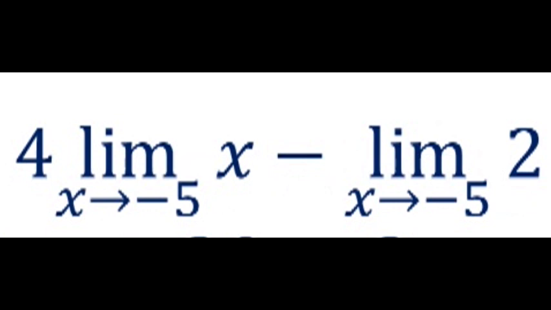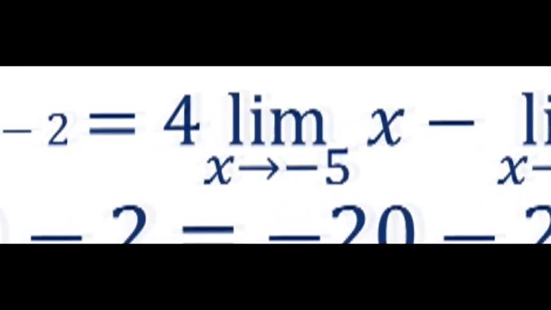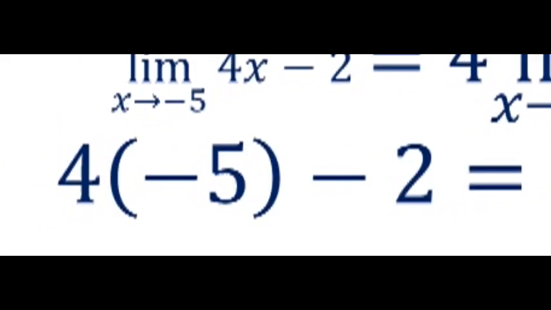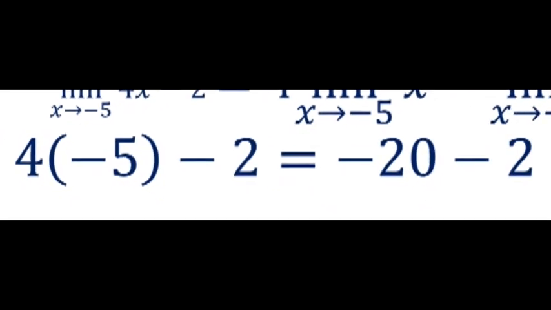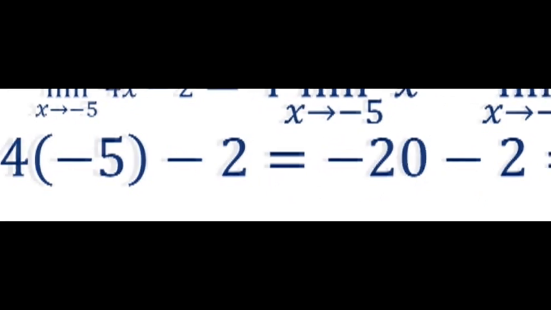So that's theorem number 3. Minus, the operation between them is minus, so the limit of 2 as x approaches 5. To simplify it, the limit of x as x approaches 5 gives you 5. Remember theorem number 2. So 4 times 5 is 20. Then copy negative 2. 20 minus 2 gives you 18.